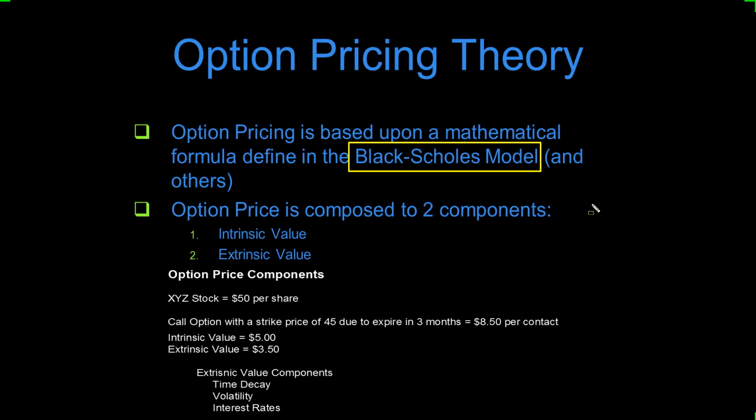I'm not going to spend time on that tonight, but certain models are based on American style, other models are based on European style, and others kind of have their own little nuance to them, but basically they all come within nickels of each other as far as what the option value is. So don't get stuck in the weeds.